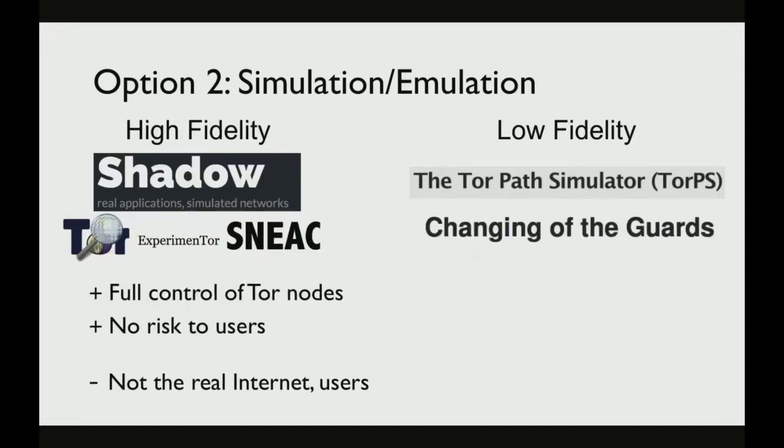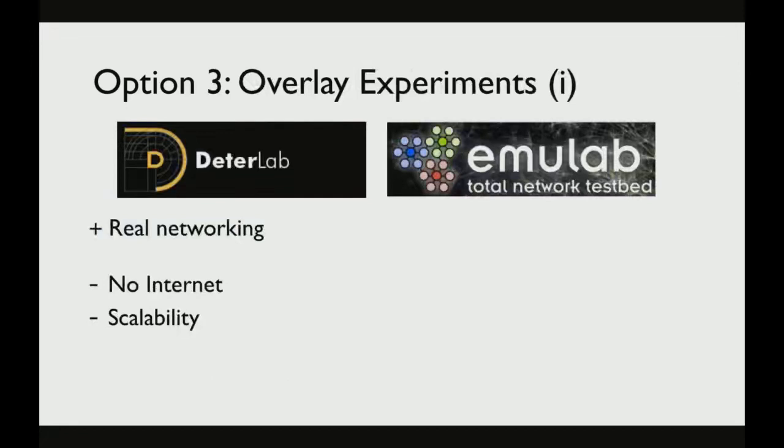And these provide full control over all the Tor nodes that you have, and you're not putting users at risk, so that's good. But of course, there's not the real internet underneath it. At best, you're getting some emulated network, and of course, you don't have real users. Not that we're going to solve that with a testbed.